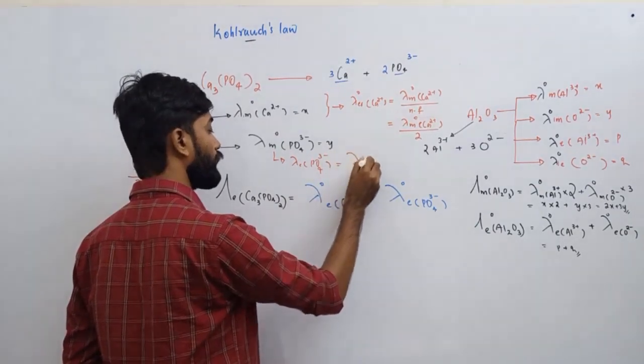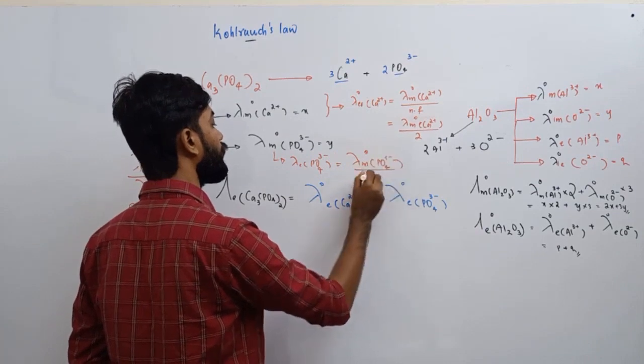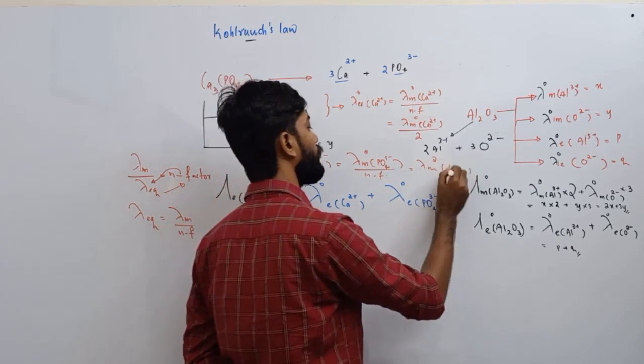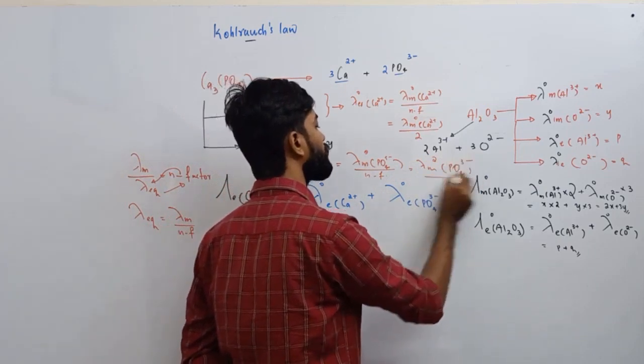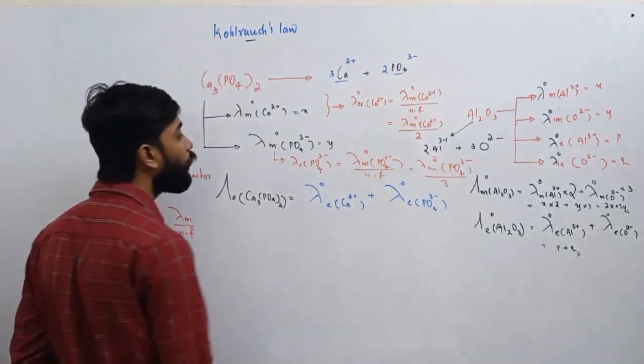If I have the limiting molar conductivity of PO4 3-, then I divide it by the n factor. The n factor of this species, no doubt, is the anionic charge, that is 3. So now it is okay.